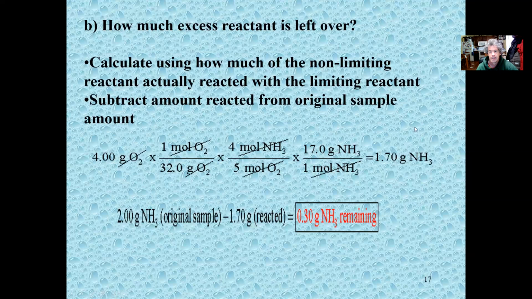Everything cancels to get grams of NH3. And that's how many grams are needed to react with 4 grams of oxygen gas. So then, since we started with 2 grams, we needed 1.7 grams. Then there's a residual 0.3 grams of NH3 remaining. And there's a few ways to do this part, but that's one of the methods.